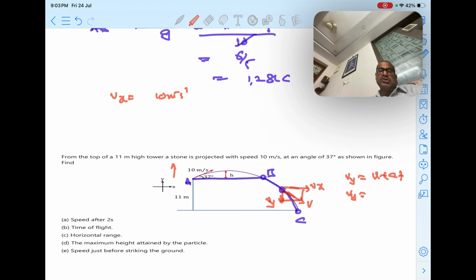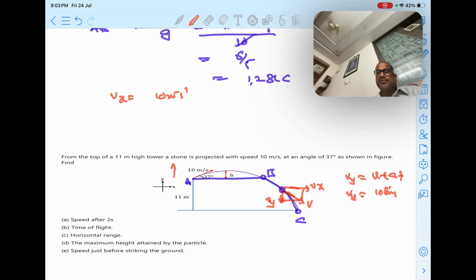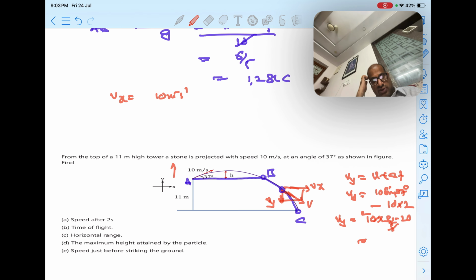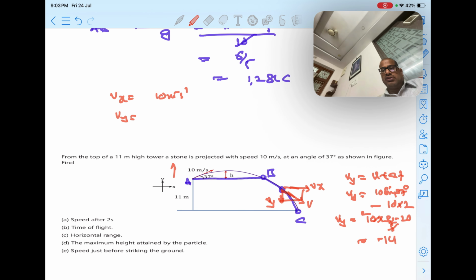So if I take vertically up as positive, now this becomes u, 10 sin theta, plus a is minus g because downward, into 2. So Vy becomes 10 into 3 by 5 minus 20. That is 6 minus 20, which is minus 14. Minus 14 means it is vertically downwards. So Vy is equal to 14 into minus j cap.